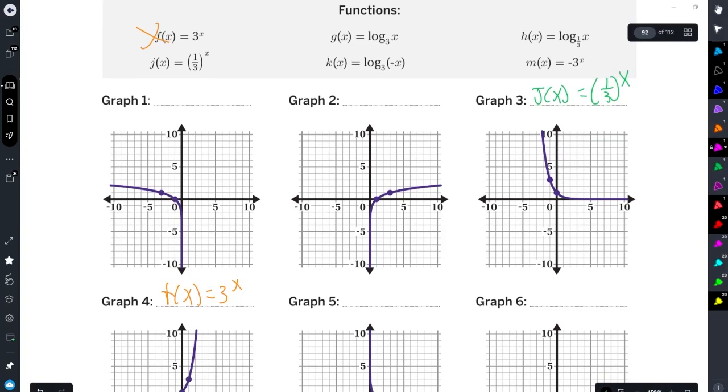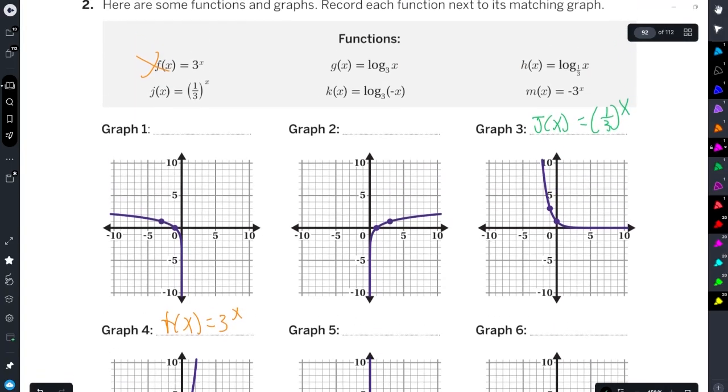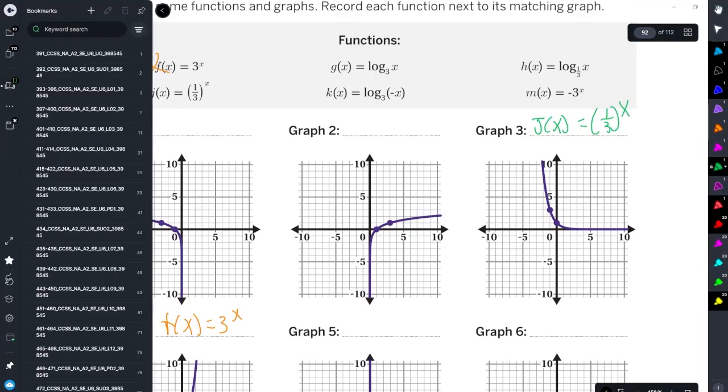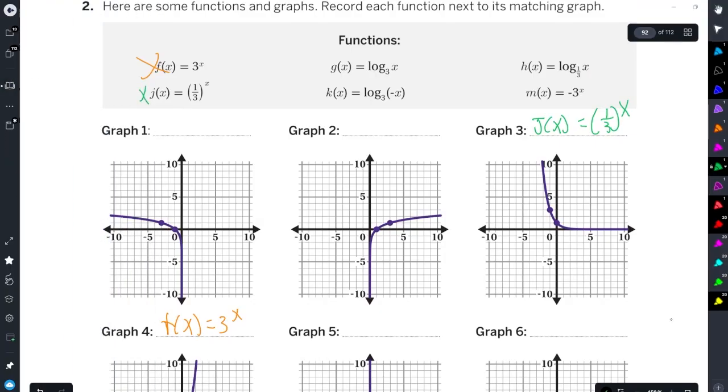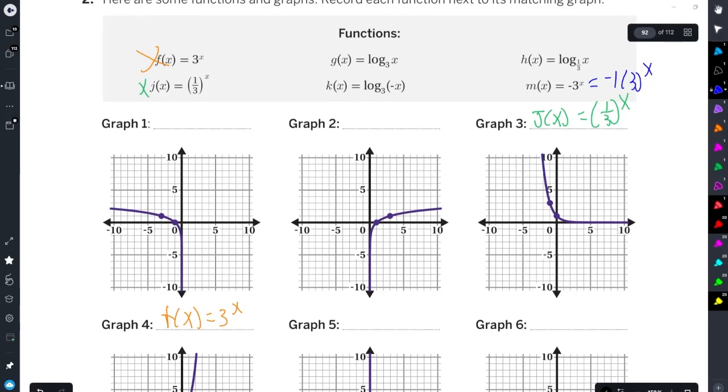So now our last exponential function is m of x, -3 to the x power. Now what this is really in disguise is -1 times 3 to the x power. Okay, that negative in front of it does not make the 3 negative. It makes there's an invisible -1.